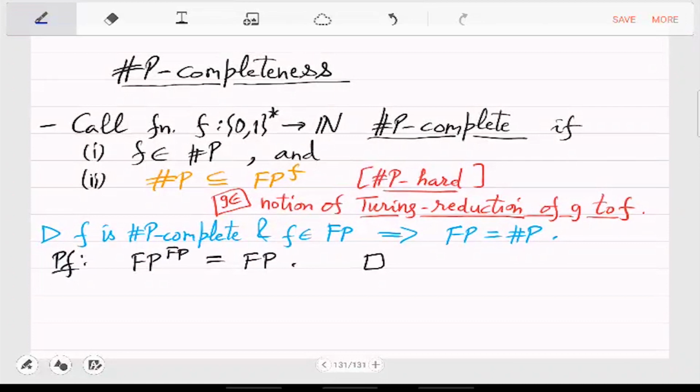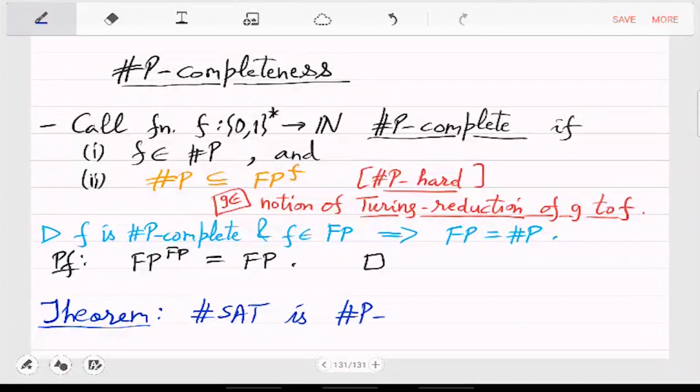And what is a #P complete problem? Is there a natural problem that is #P complete? So we have been looking at #SAT, and that happens to be #P complete. Follows from Cook-Levin directly. So #SAT is #P complete.